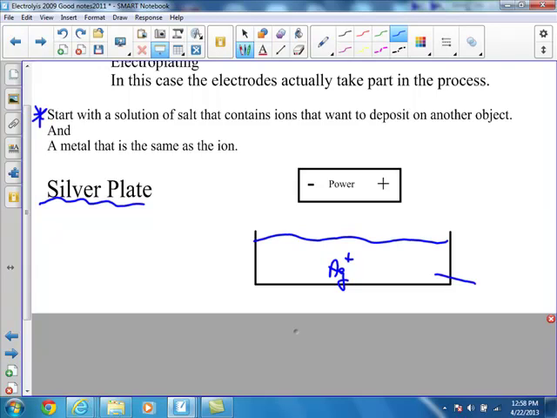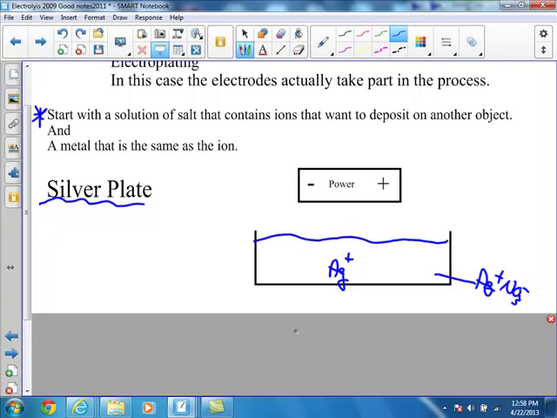So this is a silver nitrate solution. God, I can't write that fast. Okay. And then you need a metal that is the same as the ion. So I need a piece of silver metal.